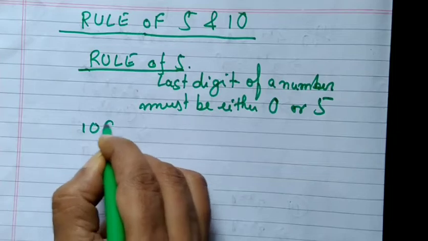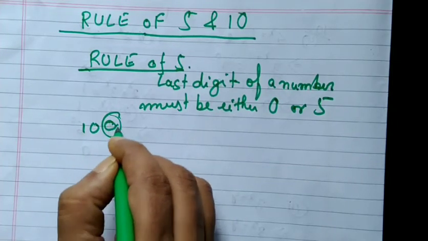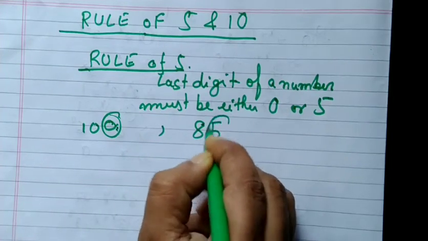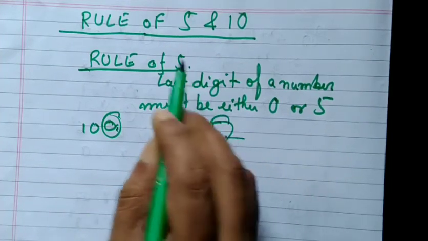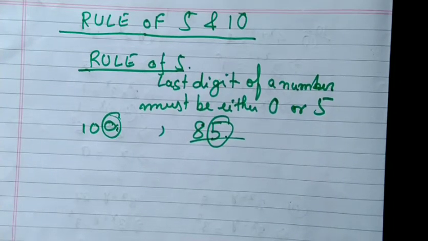Suppose you take this example 100. Last digit is 0, so that means this is divisible by 5. Suppose this is one number 85. What is the last digit? 5. So that means this number is divisible by 5. So you only need to see the last digit, if it is 0 or it may be 5. So in that case it is divisible by 5.